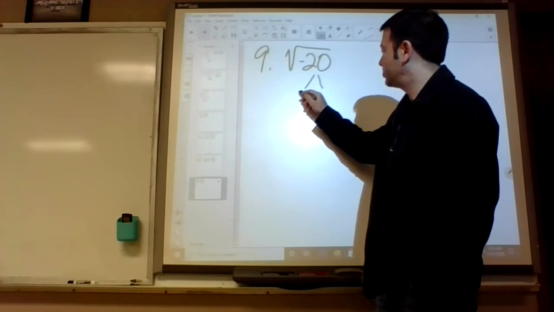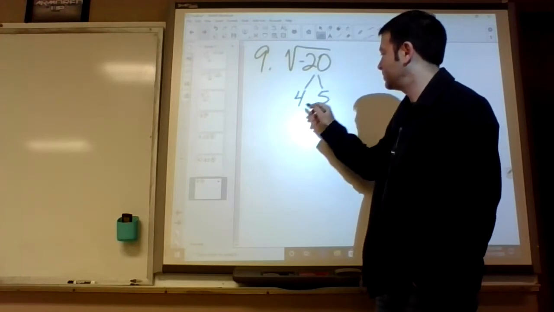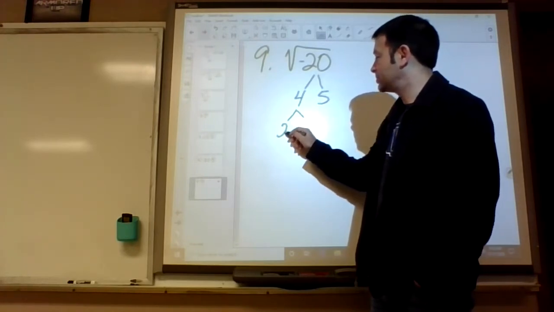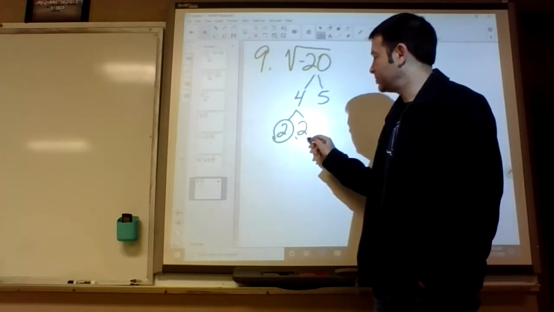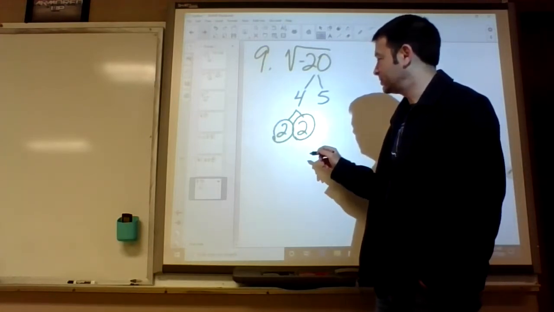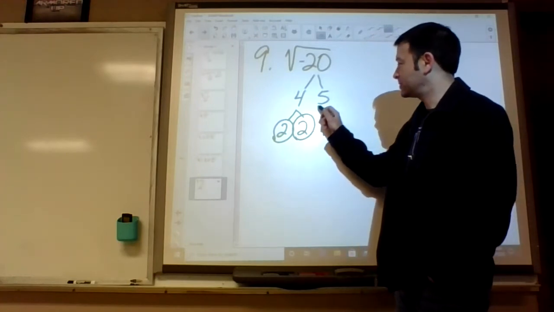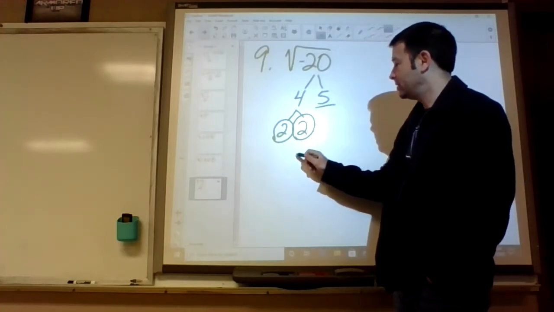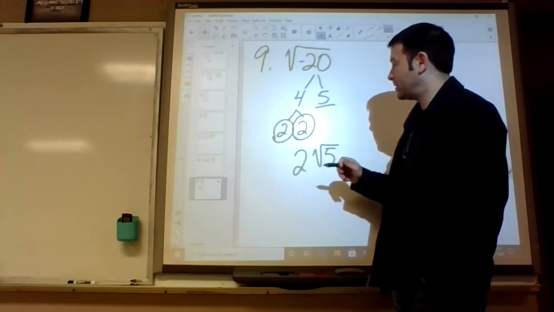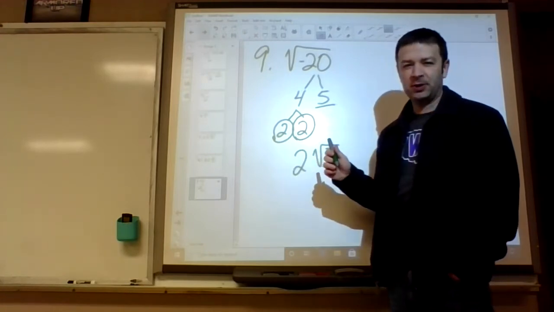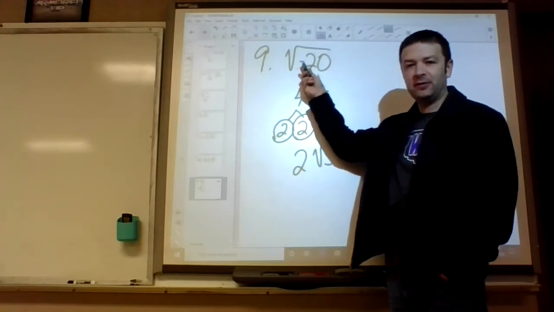Break it down. 20 is 4 times 5, and 4 is 2 times 2. So the doubles are going to go in front. Double 2, that's going to go in front, 5's going to go in back. Okay, so it's 2 square root of 5. But remember there was supposed to be an i because of the negative in my answer.